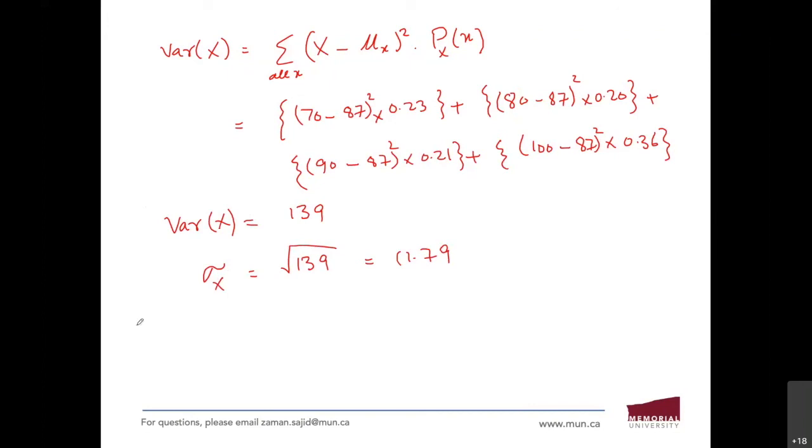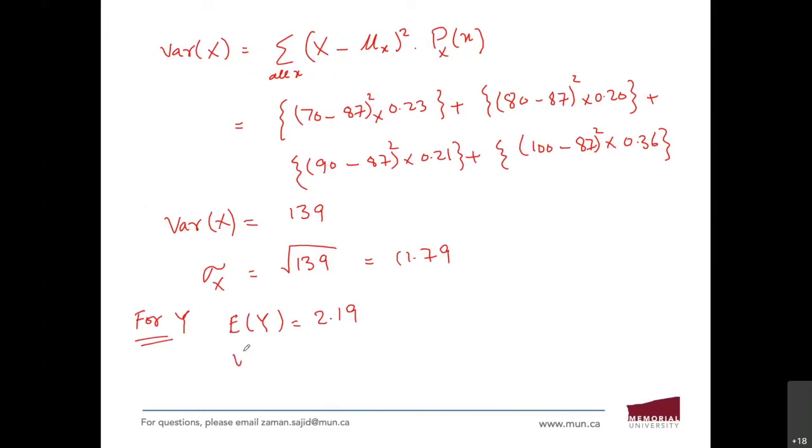Now similarly, once you repeat the same for your y values, I'm going to write down the answers here. Your expected value of y comes out to be 2.19.